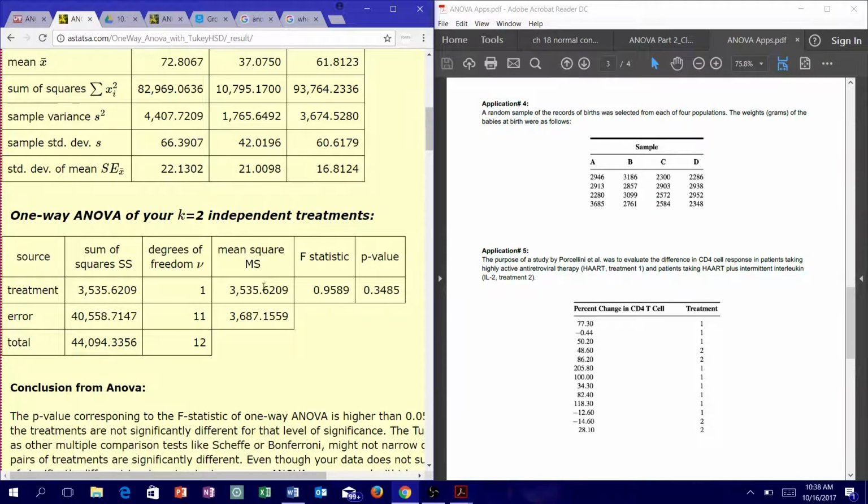0.3485. Stop rounding. Well, if you go down to everything, no difference. So what do you think?